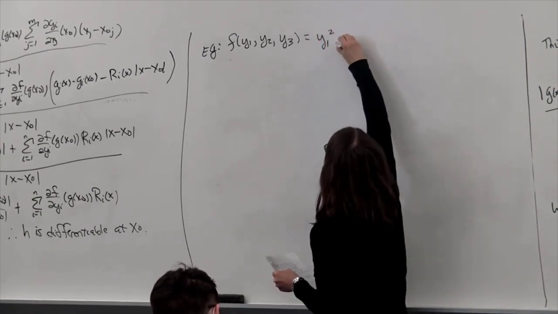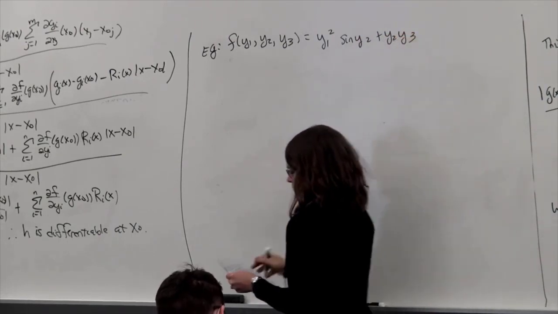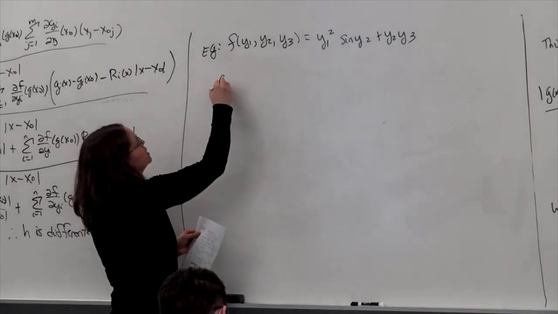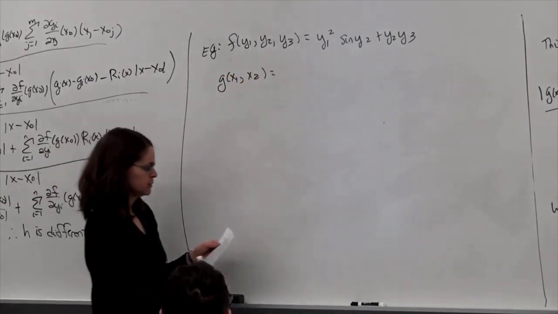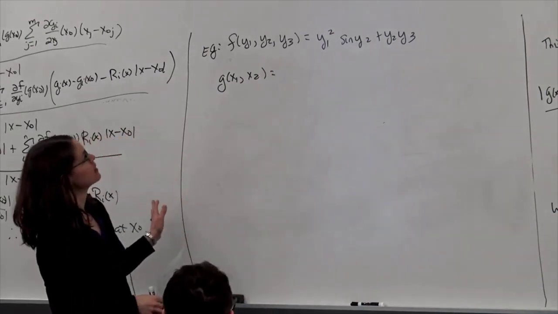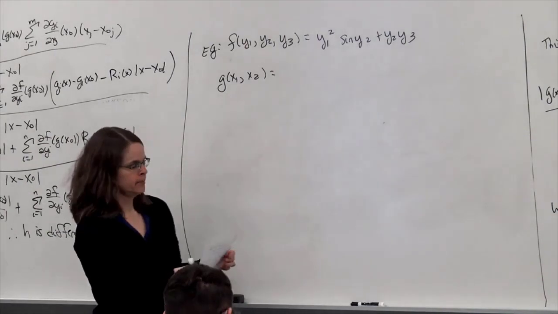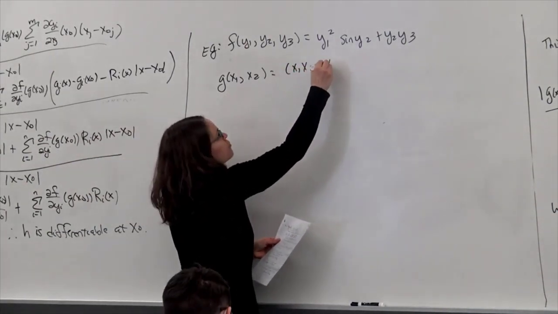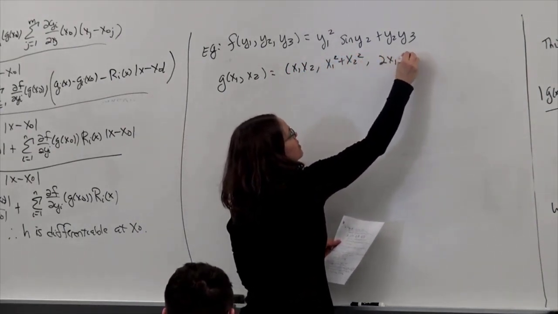Okay, f of y is y1 squared sine of y2 plus y2 y3. G of x1, x2. So remember, this is a vector-valued object. And it better give us 3 outputs, because I need 3 outputs to put into here. So x1 x2, x1 squared plus x2 squared, 2x1 plus x2.